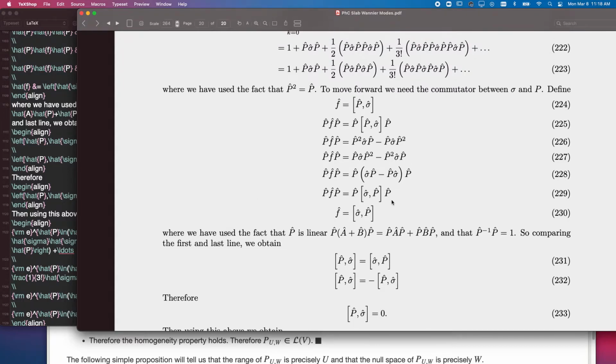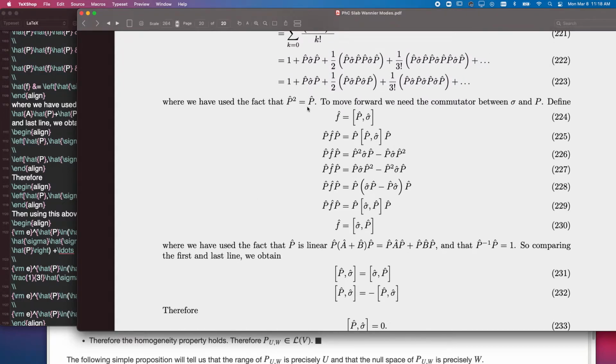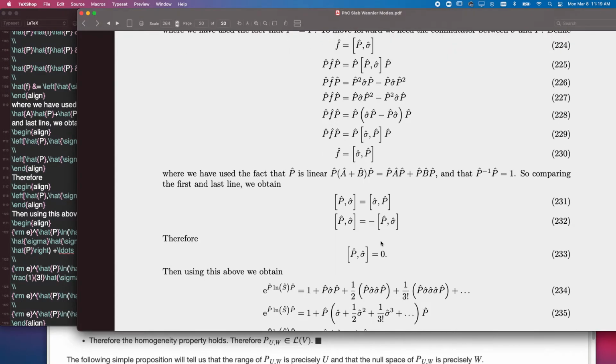So if you assume that P squared equals P, that's a projection operator, and you assume that operator is linear and it has an inverse such that P inverse times P is equal to 1, then everything follows.